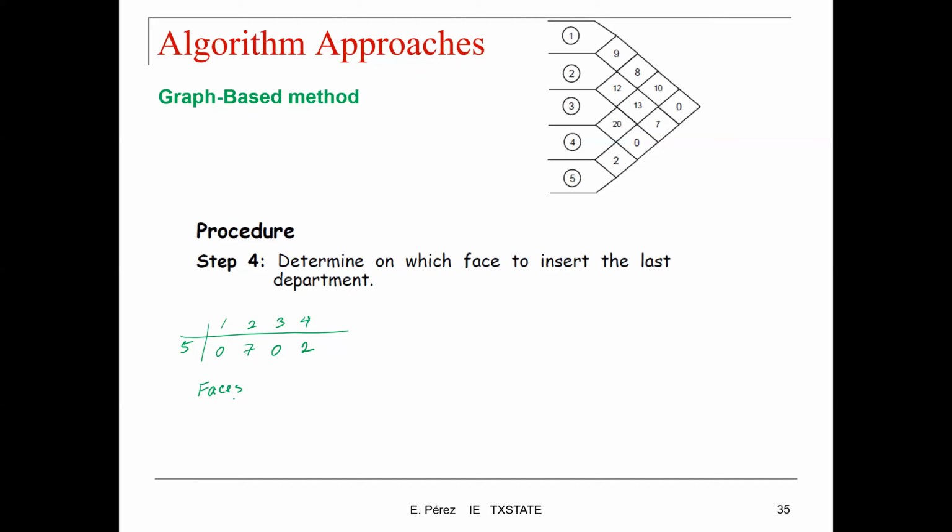I'm going to call this phases. I have 1, 2, and 3, that phase that includes those 3 nodes. I have 1, 2, and 4. I have 1, 3, and 4. And I have 2, 3, and 4.